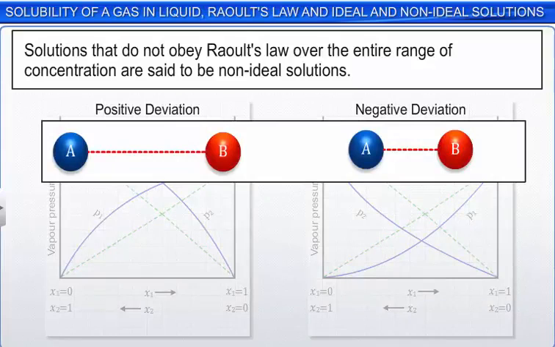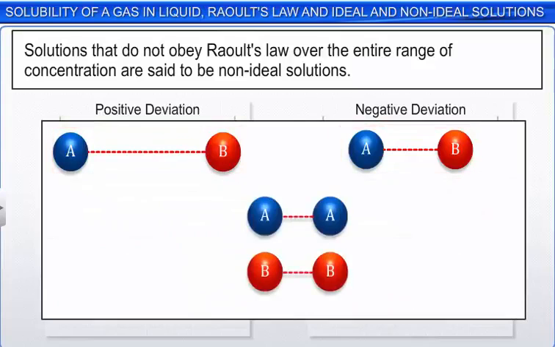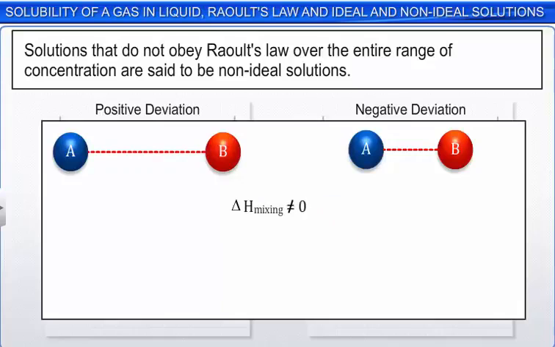For a non-ideal solution, the magnitude of A-B interactions is not the same as the magnitude of A-A and B-B interactions. Also, delta H mixing is not equal to 0 and delta V mixing is not equal to 0 for such solutions.